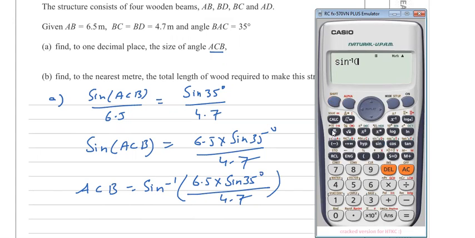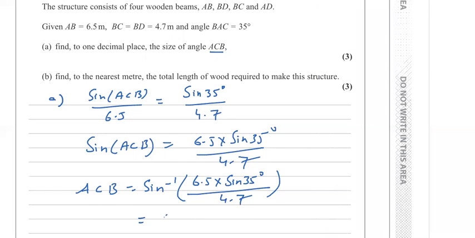Sine inverse of 6.5 times sine of 35 over 4.7 gives me 52.4, which is 52.5 degrees after rounding.